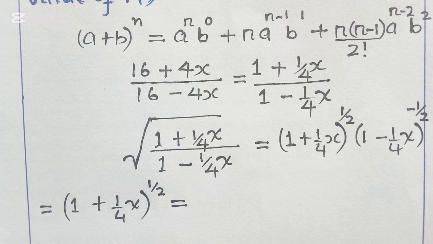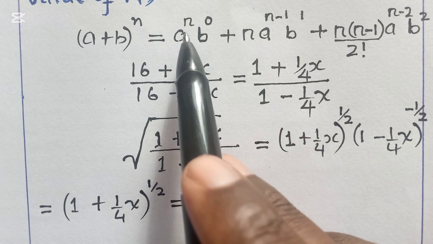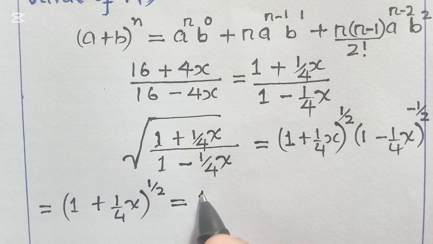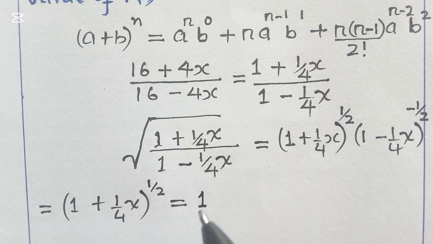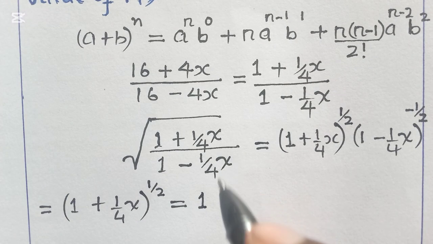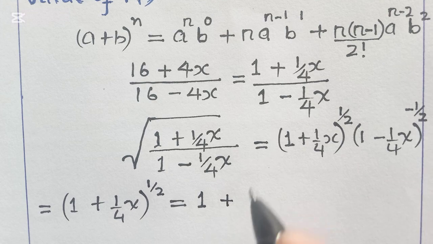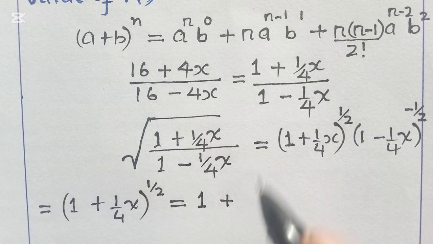The first term, guys, is going to be 1, and the reason is that we have 1 raised to a half, which gives us 1. Then we have a quarter x raised to 0, and so it remains like that. Then we write the next one as plus n, which is now a half for us here.